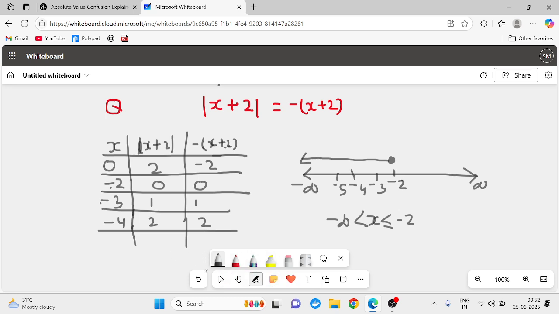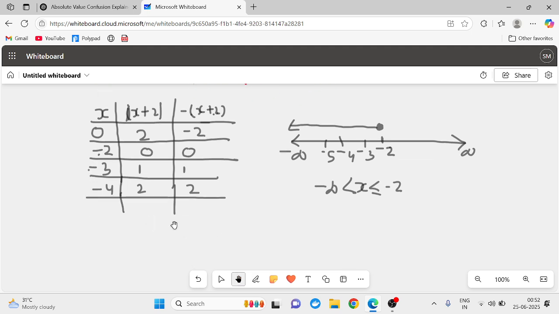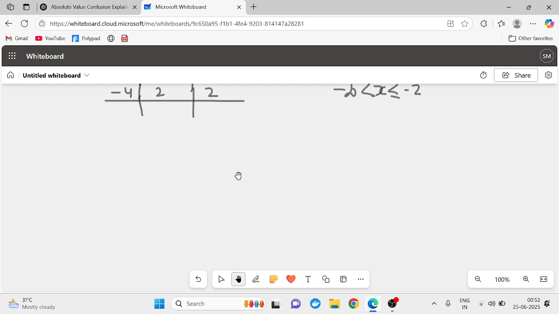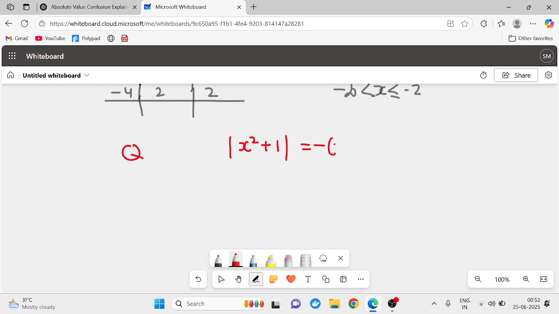Now let's go ahead with another problem which might be a tricky one to understand the absolute value. So let's take a red color pen, and if I write mod of x square plus 1 is equal to negative of x square plus 1.